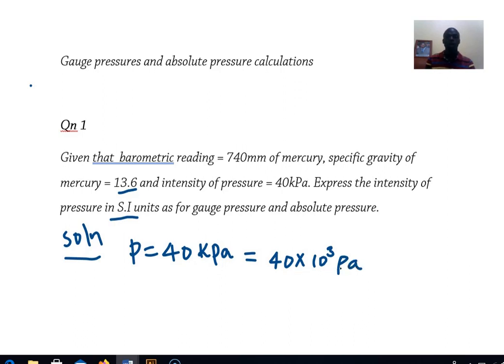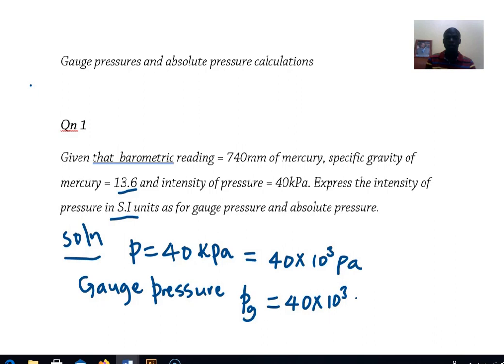So the gauge pressure P gauge is therefore equal to 40 times 10 power 3 pascals.